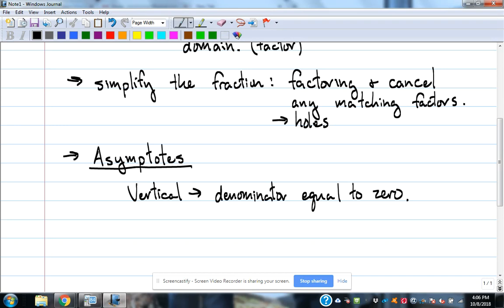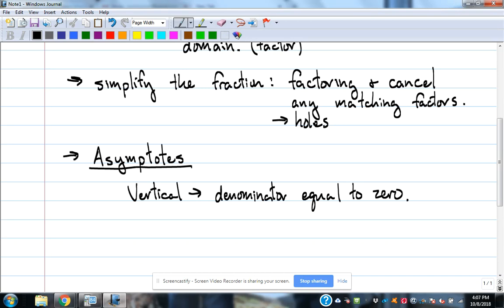We're going to look at the denominator and set all those factors equal to 0, and that's going to find us vertical asymptotes, because you might have x plus 4 and x minus 2 in the denominator. You set those equal to 0, and you get x equals -4 and x equals 2. You have vertical asymptotes at those numbers. So vertical asymptotes are going to come from the denominator of our rational function.